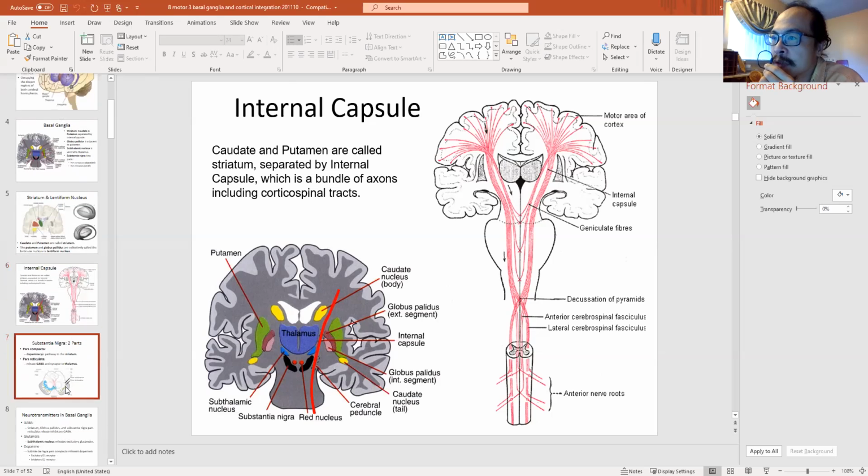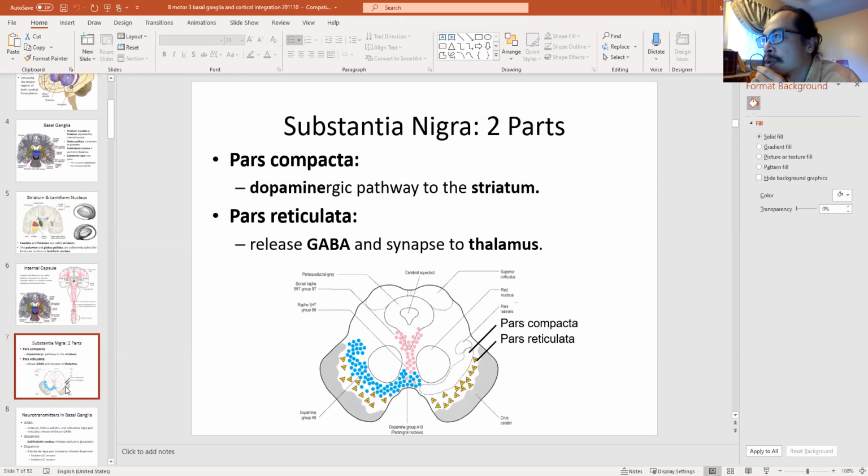And then we also mentioned the two regions in the substantia nigra, just showing the picture to give you a visual understanding of these two parts. The pars compacta releases dopamine. Its neurons innervate the striatum to release dopamine, so there will be D1, D2. We also have the pars reticulata.